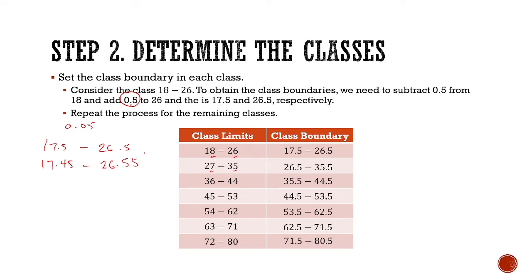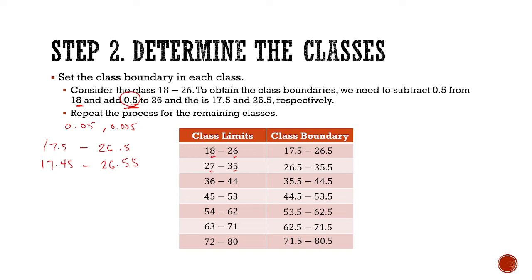So, basically, nakadepende tayo dun sa lowest place value. Lowest digit, which is ones. So, kaya yung inadd natin at sinubtract is intense. Basta lagi siyang, ang value niya ay 5, may it be 0.05 or 0.005 and so on, depending on the given class limits of your classes.